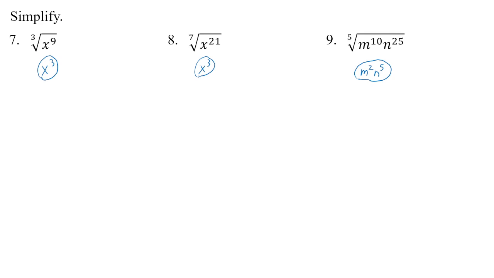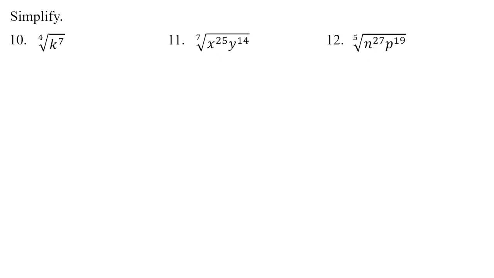But suppose that the exponent is not a multiple of the index. Then in this case, you have to think long division. 4 goes into 7 one time with remainder 3.